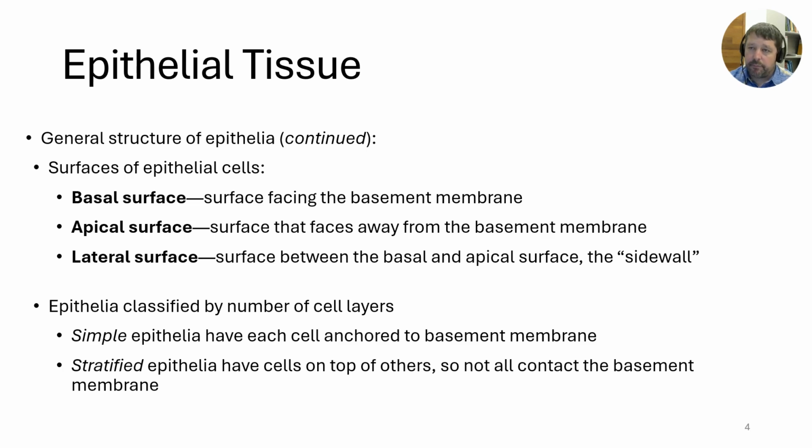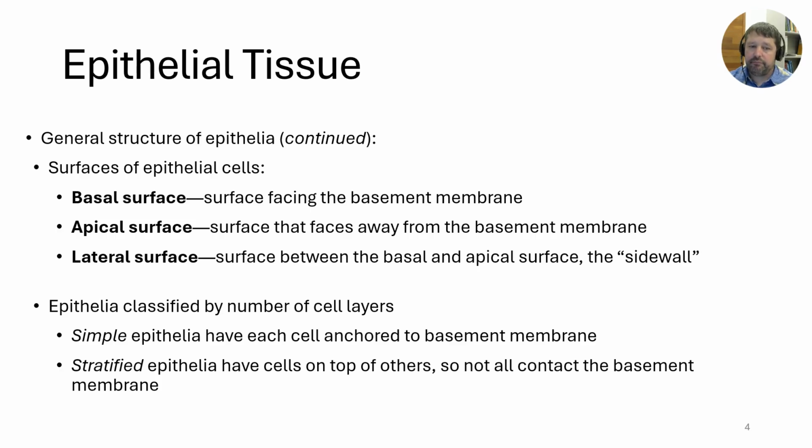Epithelials are classified by the number of cells and sometimes the structure or shape of the cell. But first off, it's the number of cell layers. If it's simple, it's a single layer. So it goes from the apical, then a single layer of lateral, and then the basal surface.